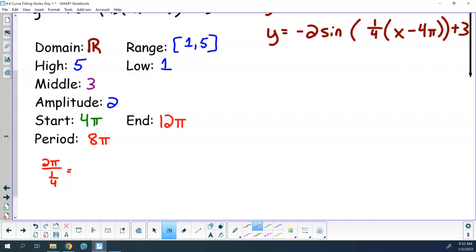But a negative a value tells me I start where? Top, middle, or bottom? Middle, bottom, middle, top, middle. So for me, I just draw that part in first. Draw your graph in first. It makes it much easier.